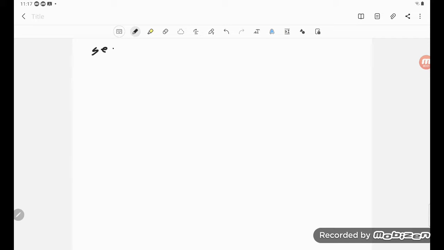Okay, section 1.4, and I think this is finishing up paths.